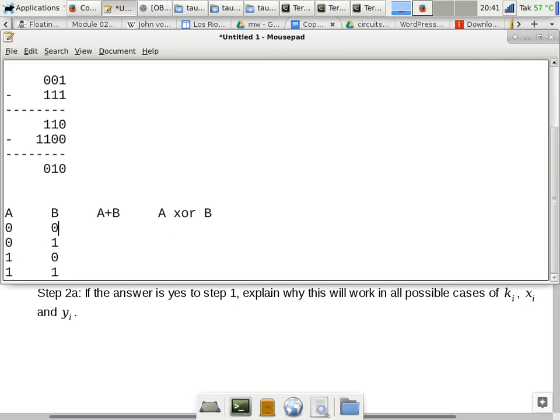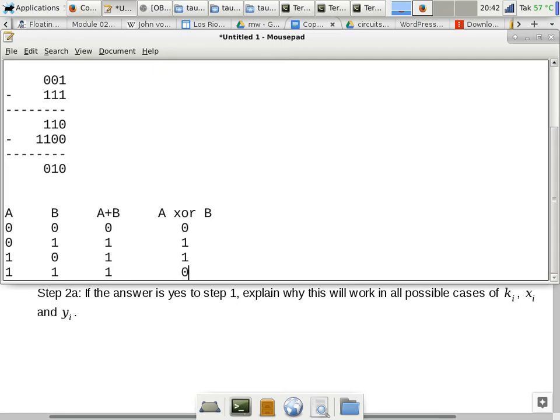We want to look at each one and ask, is the OR different from the exclusive OR? That's a 0, and that's a 0. No difference. This is a 1, this is also a 1, no difference. This is a 1, this is a 1, no difference. The last row is the only row that shows any difference. This is a 1, but this one is a 0.